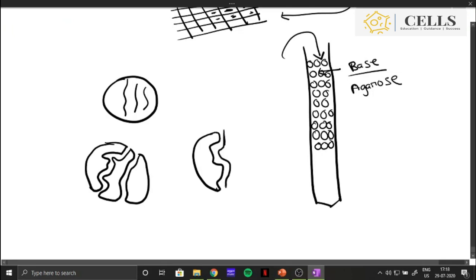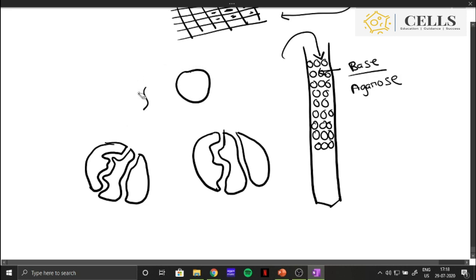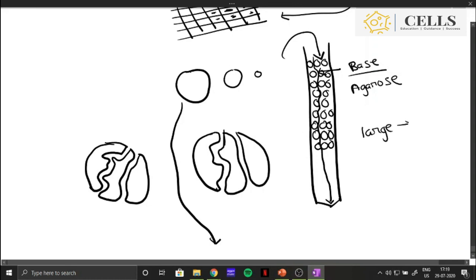Suppose you have a large protein, a medium protein, and a small protein. The large protein will not enter any bead, it will go straight down through the middle and elute. As it is not entering any bead, large compounds will elute first.